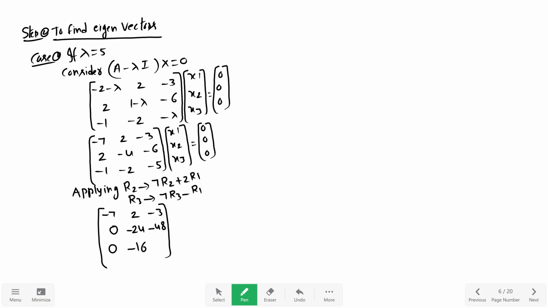Next, 7 into minus 5 is minus 35, plus 3 is minus 32. Multiplied by column unknowns x1, x2, x3 equal to 0, 0, 0.